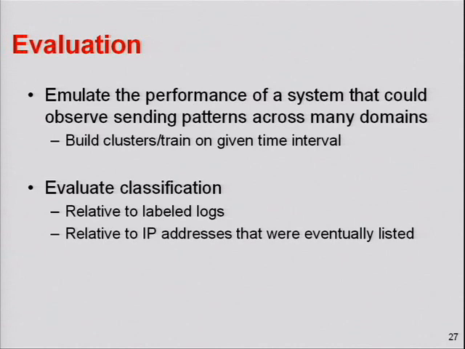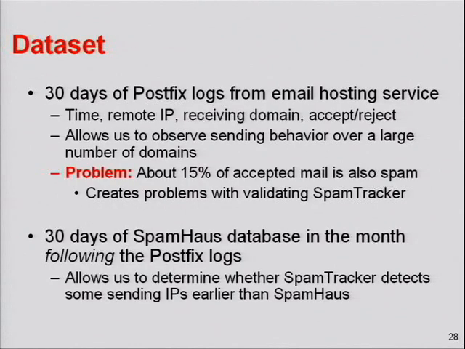Now, if it's accepted, that could actually be either legitimate mail or a mistake, right? Something that was later caught by, say, a content-based filter. So the spam label is not entirely clean, but we make do with what we can. Something about 15% of that accepted mail is also spam.